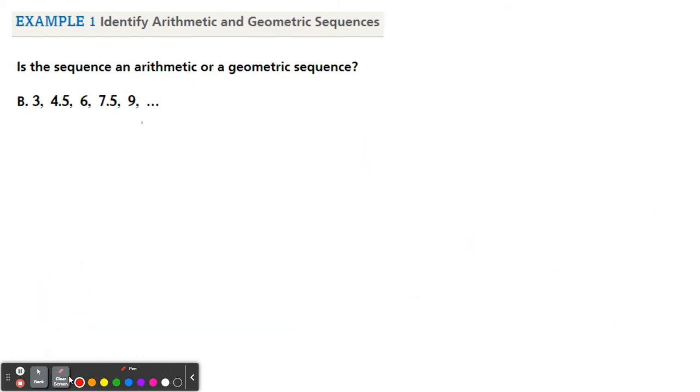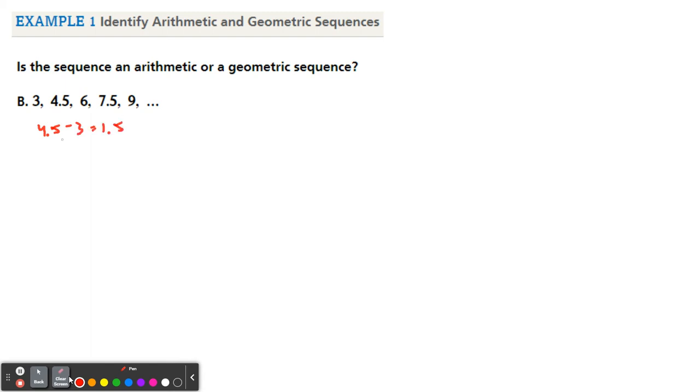Is the sequence arithmetic or geometric? Now we do have decimals, but notice they're all kind of similar numbers: 3, 4.5, 6. So I'm thinking maybe arithmetic to begin. How do I go from 3 to 4.5? You can take the second term and subtract the first term.